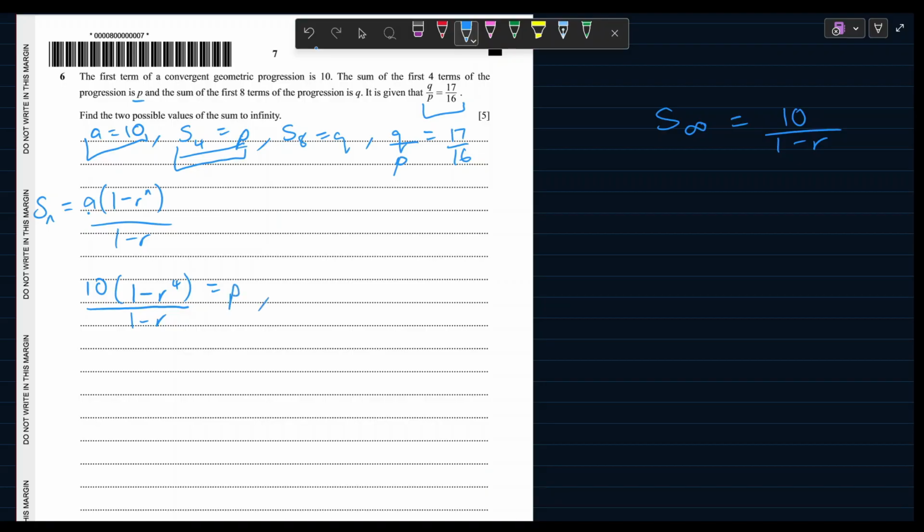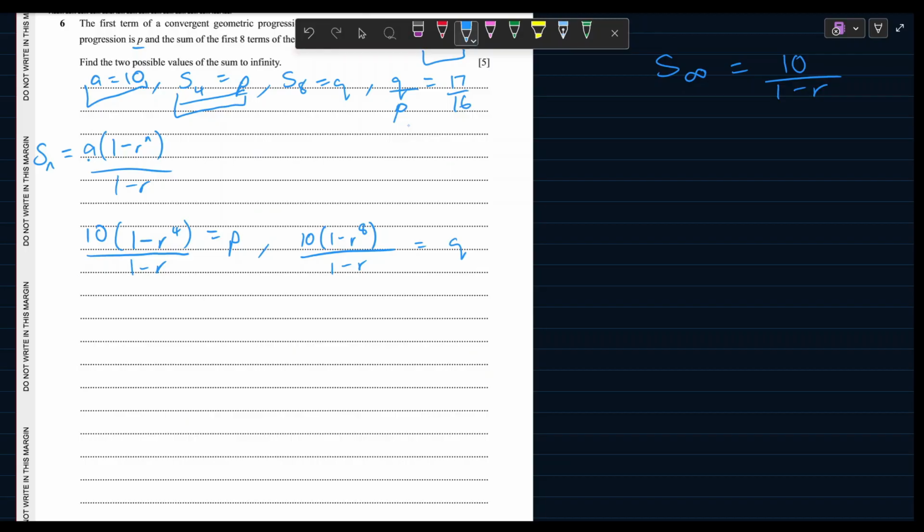And we could do the same for sum of first 8 terms. So that's 10 times 1 minus R to the 8, and this is over 1 minus R, and this is equal to Q. Notice how we've got 3 equations. This is 1, this is 2, and this is 3.